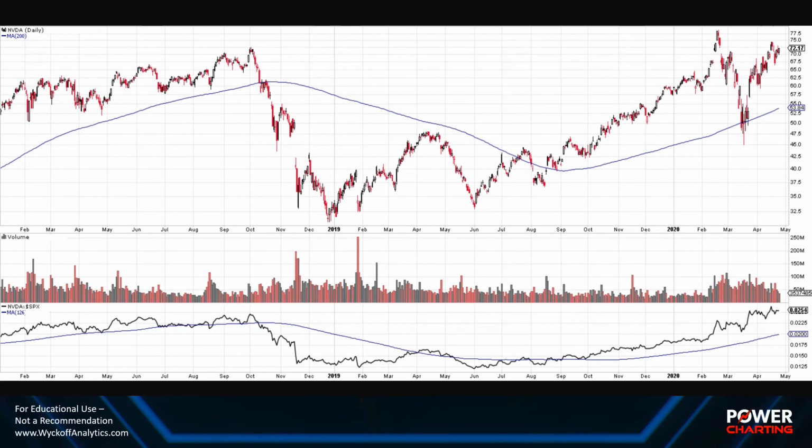Well, the first step is to look for the evidence of stopping action of a decline. This is very important because this is the beginning of the accumulation dance. This is where accumulation starts to unfold and can take months to years to happen. But it's very important to identify the selling climax and the automatic rally.